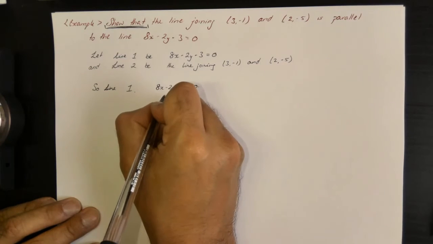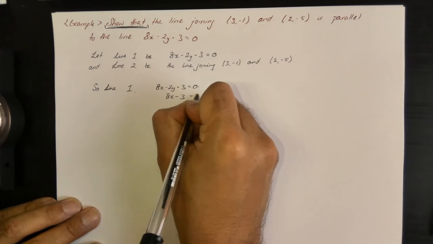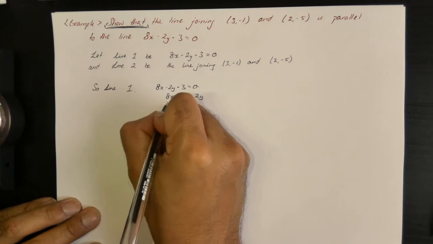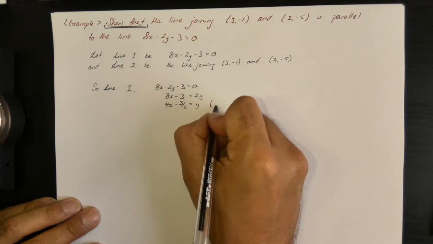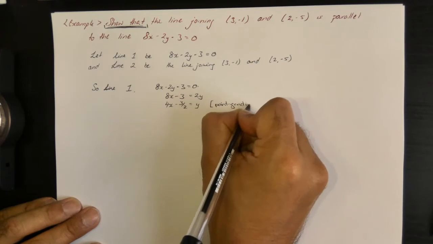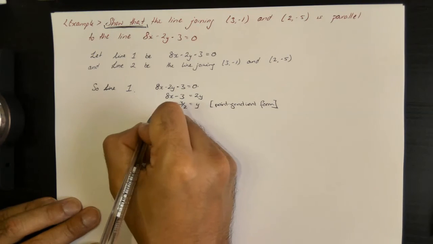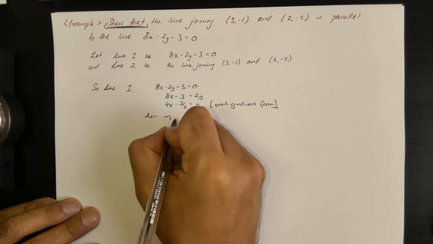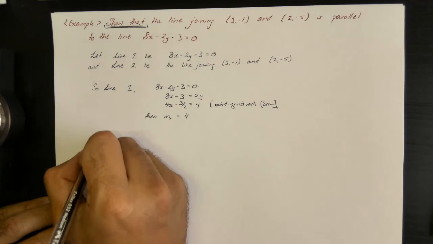We can rearrange that into 4x minus 3 equals 2y, which gives y equals (4x minus 3) over 2, and this is the gradient-intercept form. Then m1 is 2.